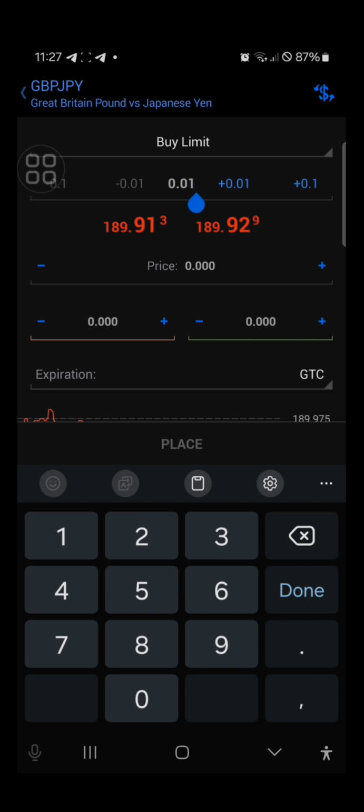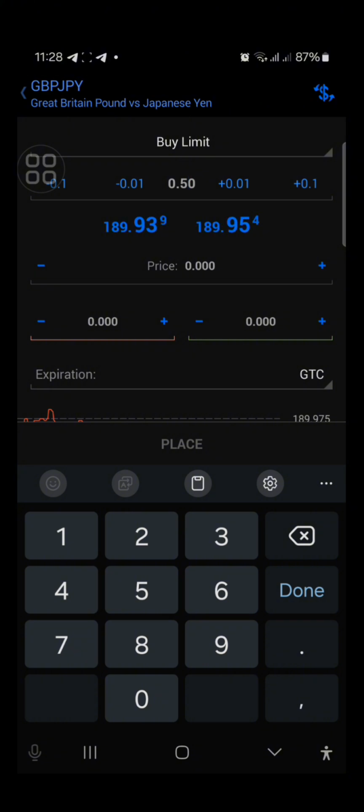So let's say I'm comfortable with a position size of 0.5. And I want a buy limit.